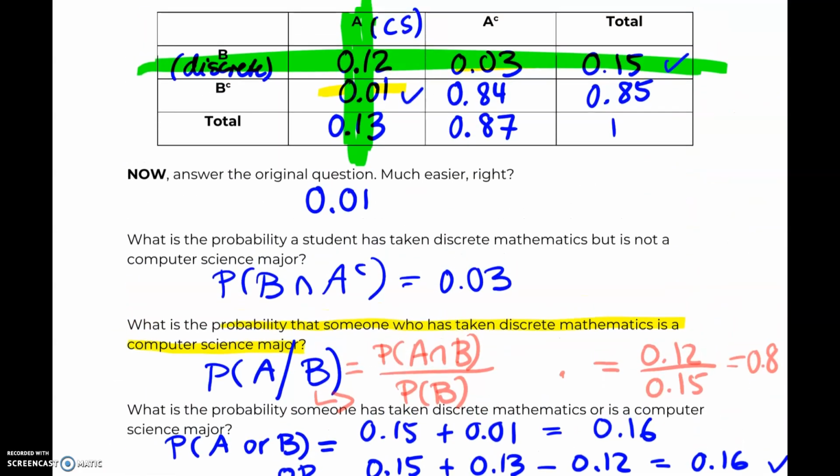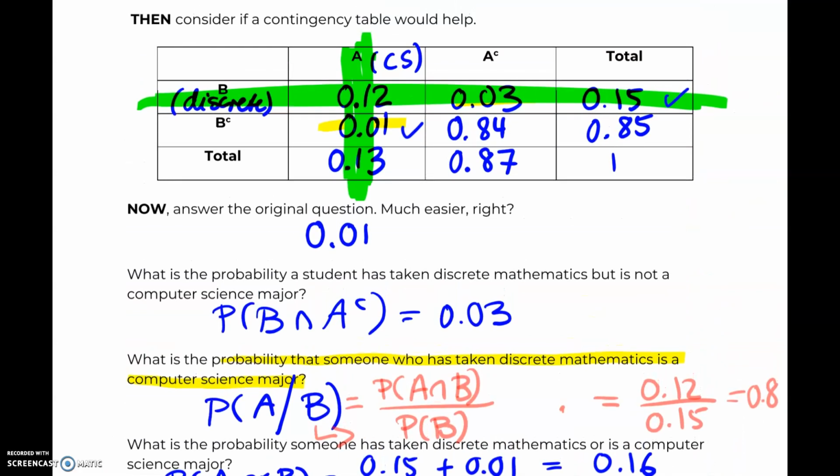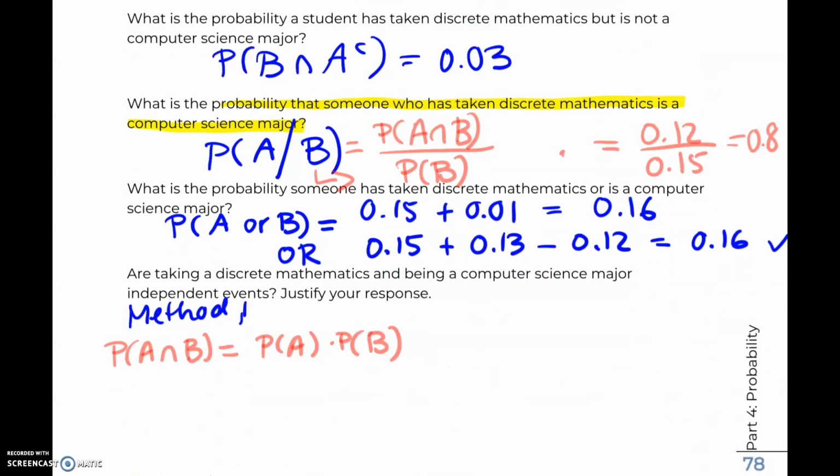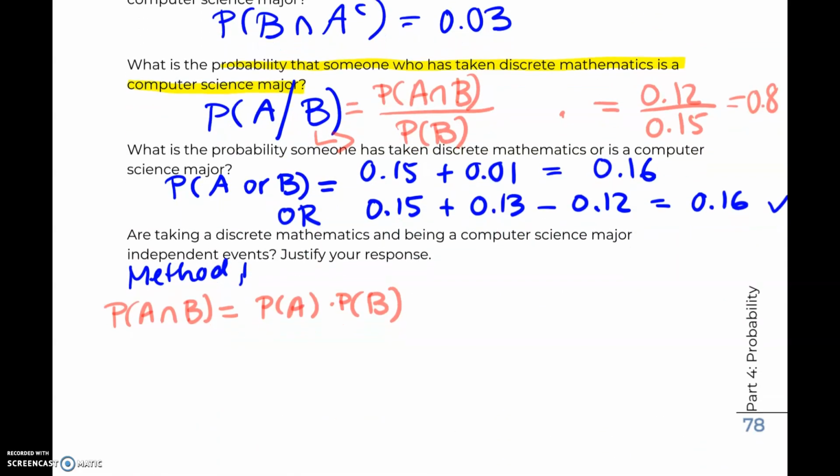On our contingency table, we simply take our marginal probabilities, multiply them together, and check if we end up with the joint probability. So we would do 0.13 times 0.15 and check if that's equal to 0.12. So 0.12 was the joint probability, and is this equal to 0.13 times 0.15?